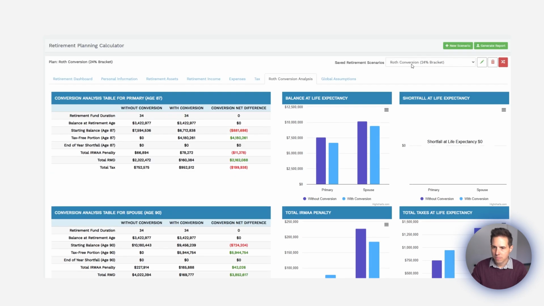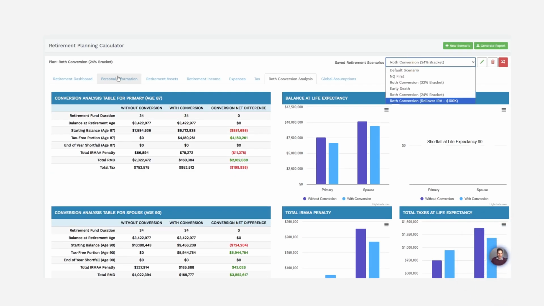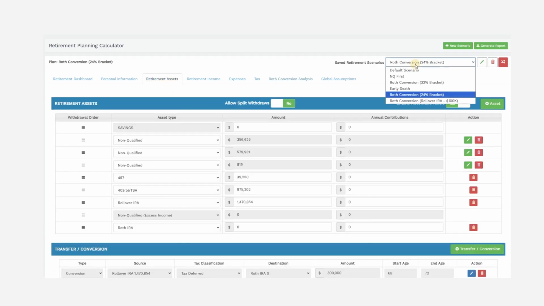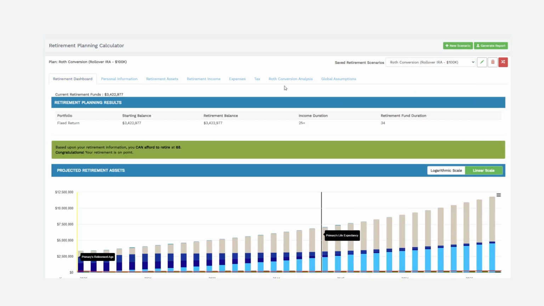But what if we play around with this? What if we stretch it out and we say we're just going to convert their rollover IRA here? So remember, this rollover IRA has about 1.5 million in it. What if you just convert that and we do $100,000 a year over the rest of your life? How does that compare? Just as a baseline as you're going through this consideration.